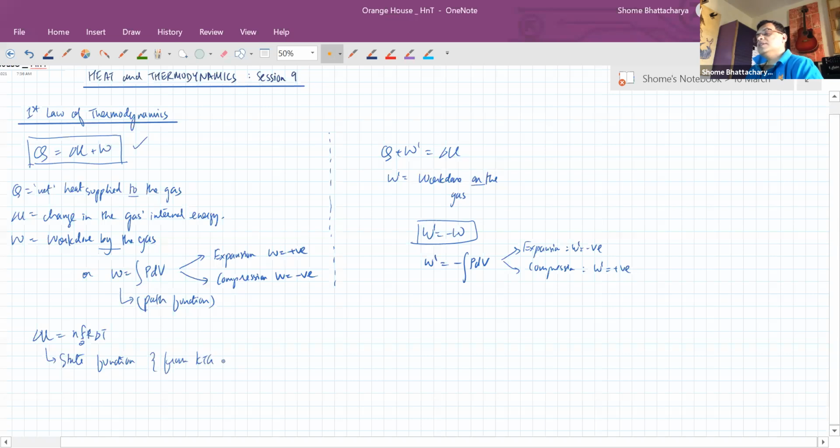From kinetic theory of gases, we have seen that internal energy is the total kinetic energy of gas molecules.